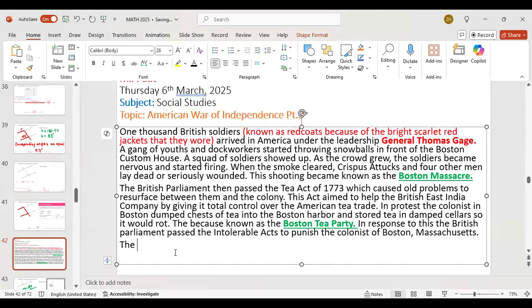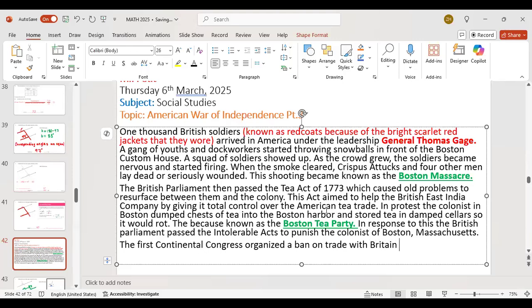So the first Continental Congress organized a ban on trade with Britain.